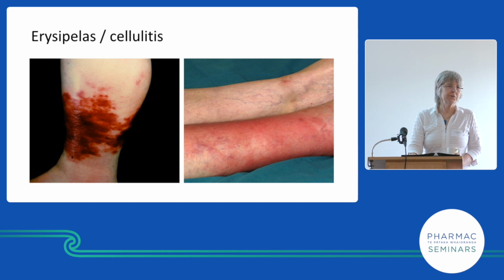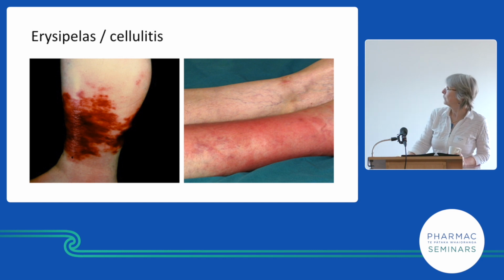Erysipelas is the same thing as cellulitis, but it's much more superficial. It's always group A strep, whereas cellulitis is nearly always group A strep but can be a number of other things, especially staph. So how do we tell the difference? Erysipelas is very sharply demarcated, whereas cellulitis, being deeper, has less of a clear margin.